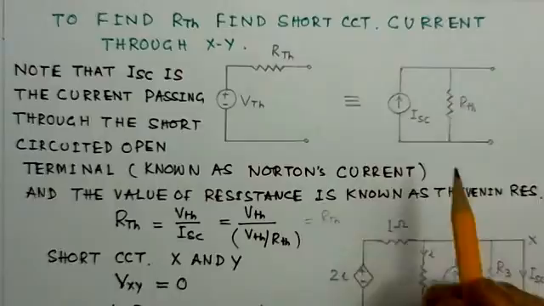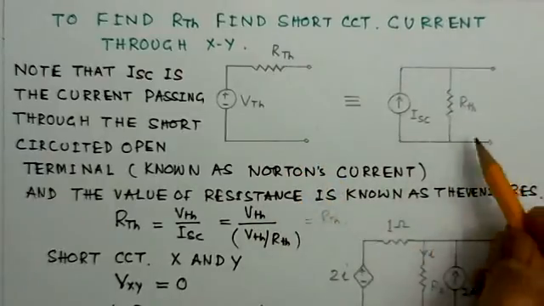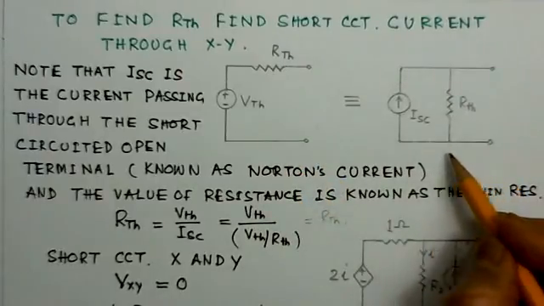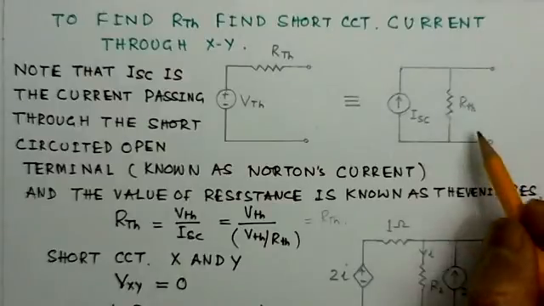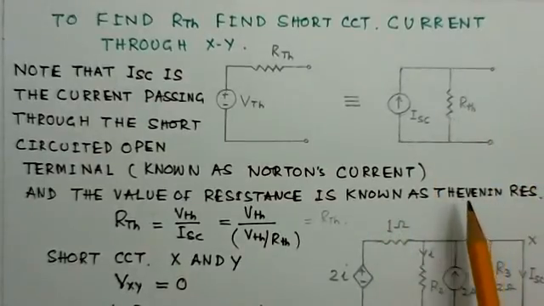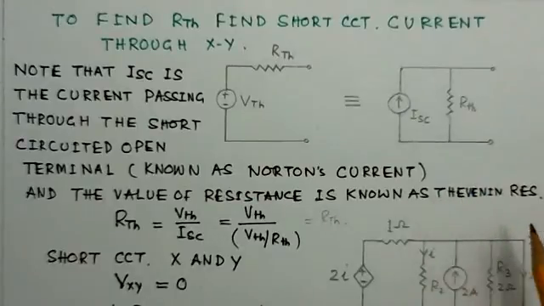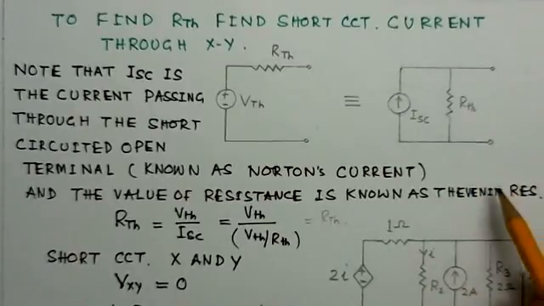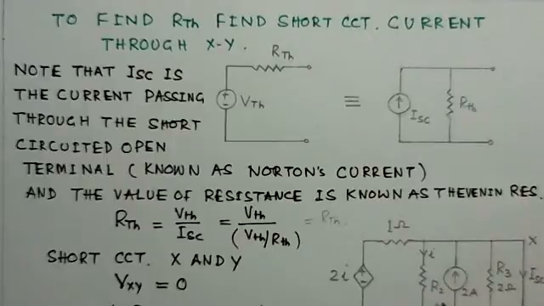This is the Thevenin's equivalent. This circuit is the Norton's equivalent. So one could use any one depending upon the problem, but for the circuit here, which has both dependent and independent sources, finding the short circuit current turns out to be simpler.